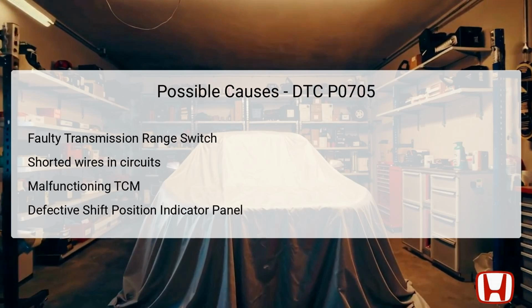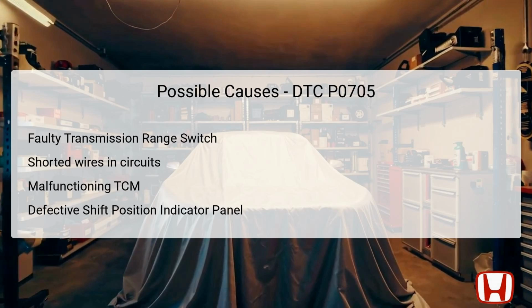Several potential causes exist for the P0705 DTC. Firstly, a faulty transmission range switch can fail to send accurate signals to the TCM. This can initiate multiple signal inputs. Shorted wires in the circuit may produce similar symptoms, leading to incorrect signals being sent.